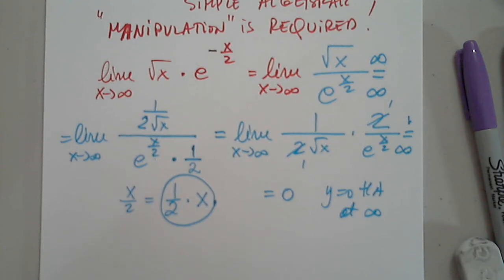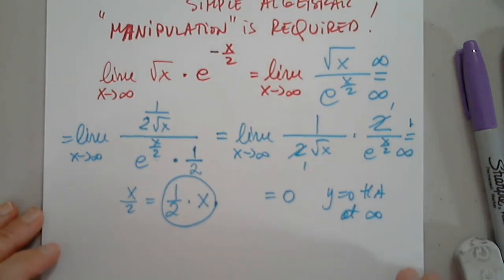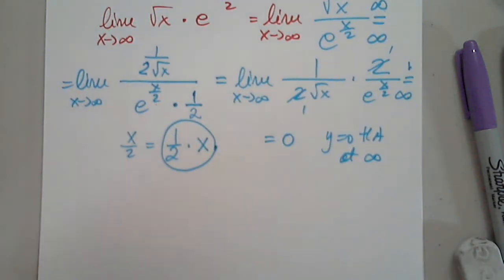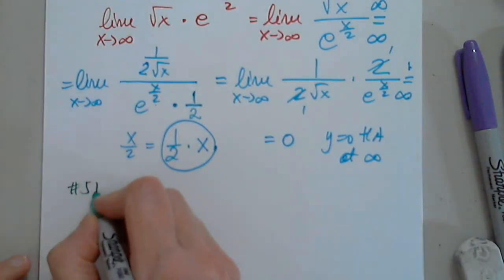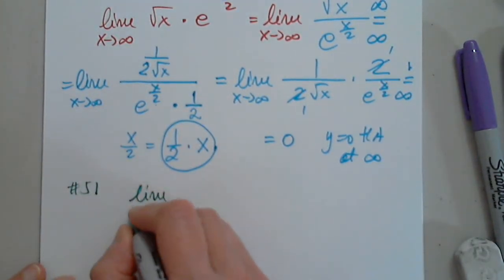I would like to look at something like this with fractions and natural log. Unless you want to choose something else, I'm fine with what you choose. Anyone? Well, I will choose 51 then. Thank you for the vote of confidence.